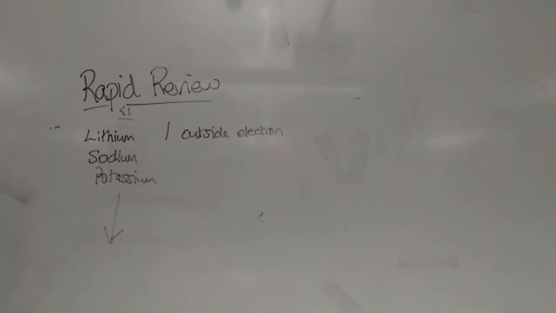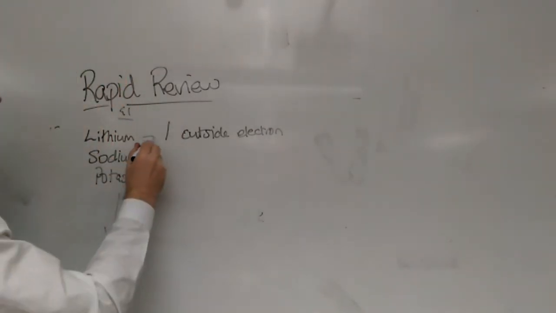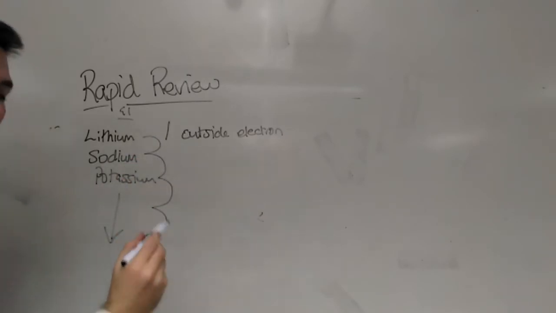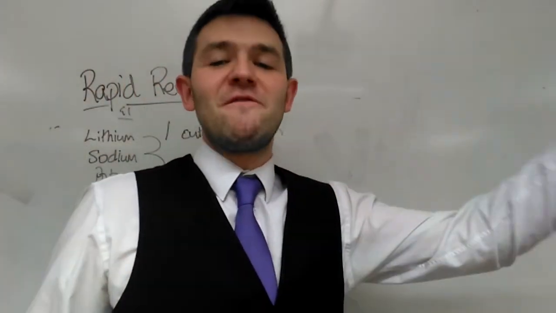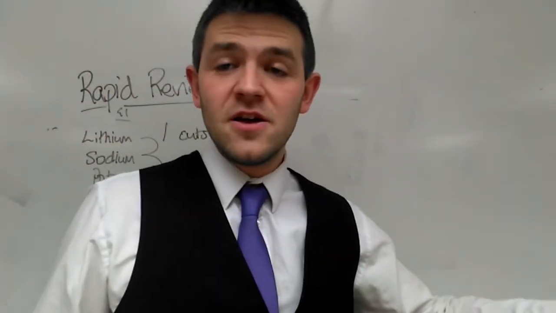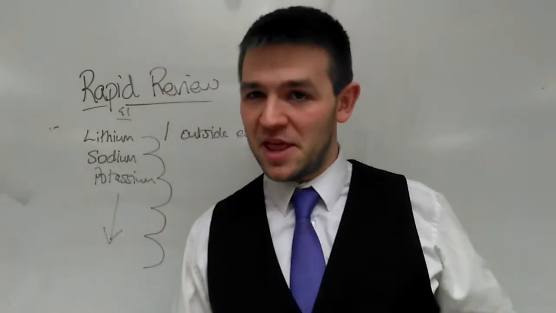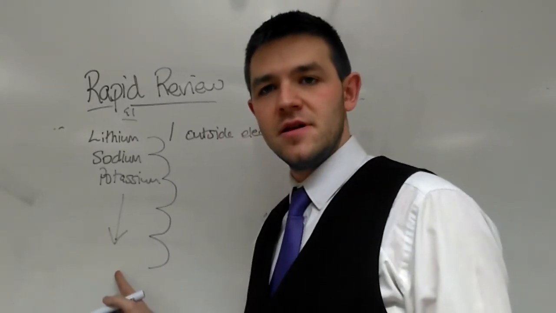What I can say is that they all do the same reactions, but here the electron gets further and further away from the nucleus, meaning it's easier to get them away, so these are more reactive.